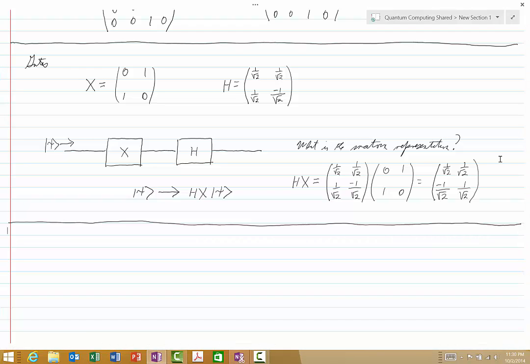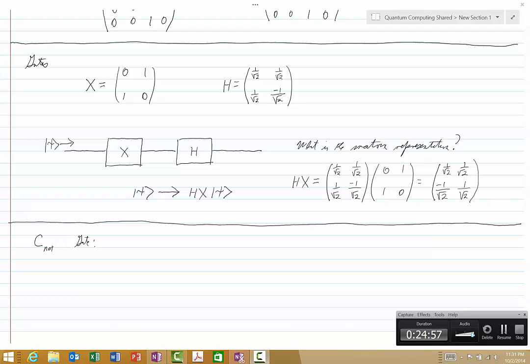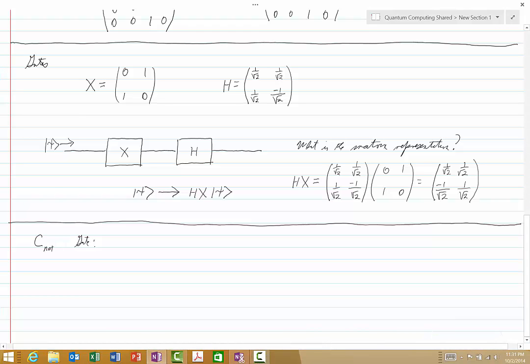Now let's look at transformations on 2 qubit states. And the first that we want to look at is the C0 gate. The C0 gate, or also called the controlled NOT gate, has the following symbol.